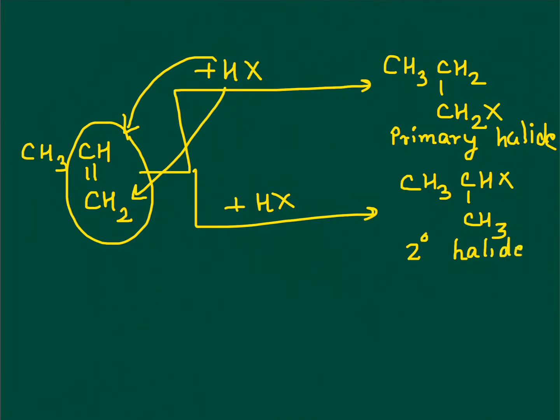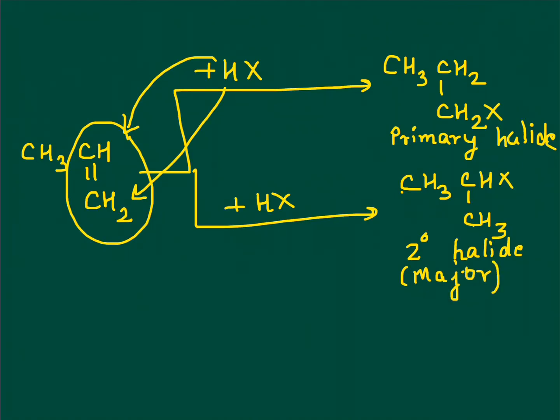The halogen is attached to a carbon which in turn is attached to two other carbon atoms, correct? So in other words, we can have a primary halide or a secondary halide as the main product. Observation: this is found to be the major product in this particular reaction.